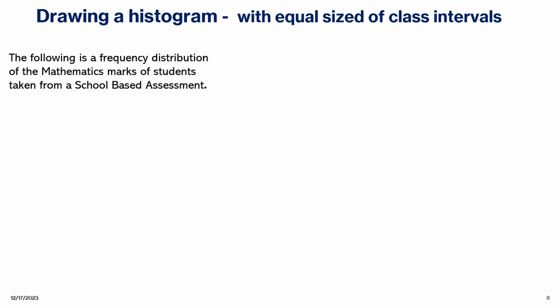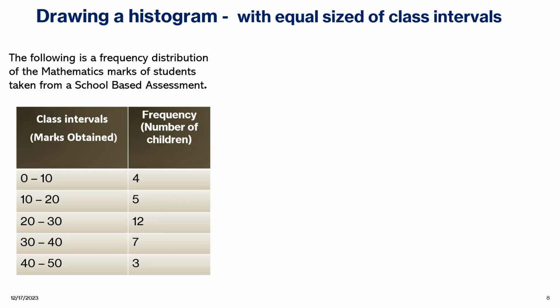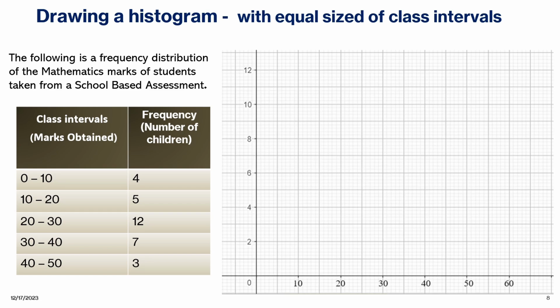So you can see class intervals are given 0 to 10, 10 to 20, 20 to 30, 30 to 40 and 40 to 50. So here all class intervals are the same. Class width is 10. The x-axis represents the class boundaries, 10, 20, 30, 40, 50, 60. The vertical axis represents frequencies.